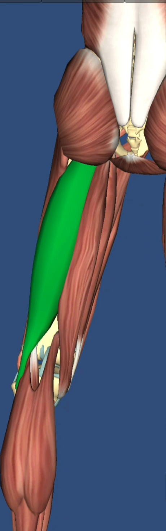Short head is from the whole length of the linea aspera and upper part of the lateral supracondylar line of the femur. But the insertion is actually to the head of the fibula. That's the biceps femoris. The two heads come together, then they insert to the head of the fibula.